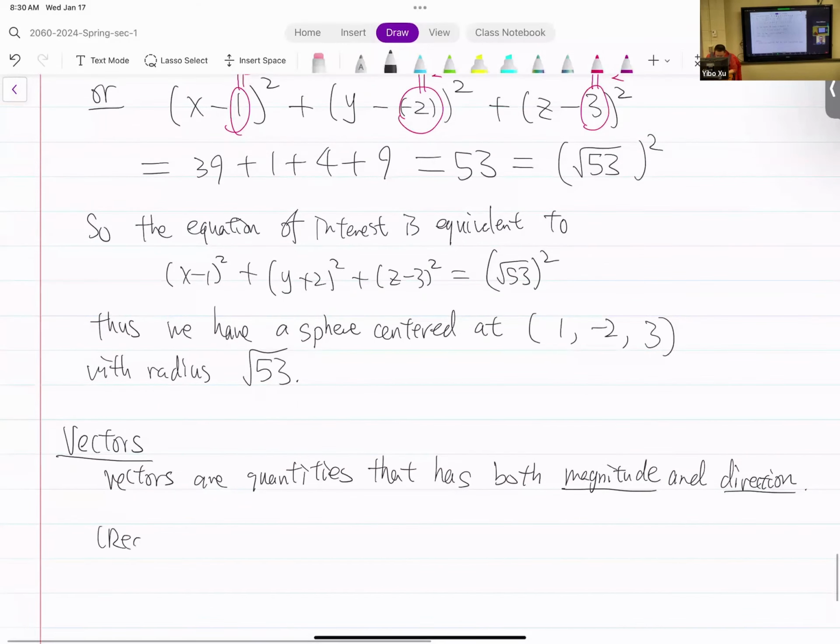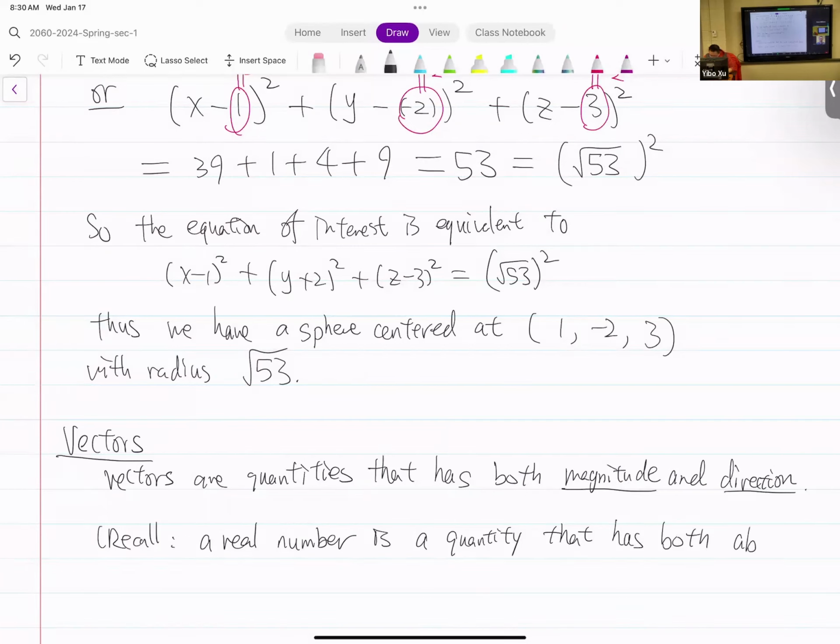Recall, a real number is a quantity that has both absolute value and the sign.